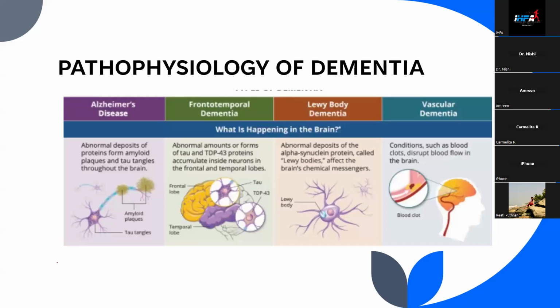Lewy body is a type of abnormal protein which starts developing in your body and starts depositing. It's called Lewy body dementia. And what is vascular dementia? Imagine the person has blood clots in certain cerebral arteries, and that particular area is not getting blood and is having loss of function, and that can also lead to dementia.